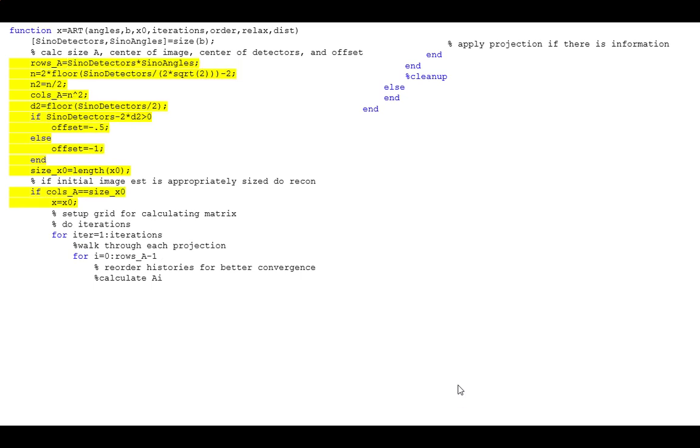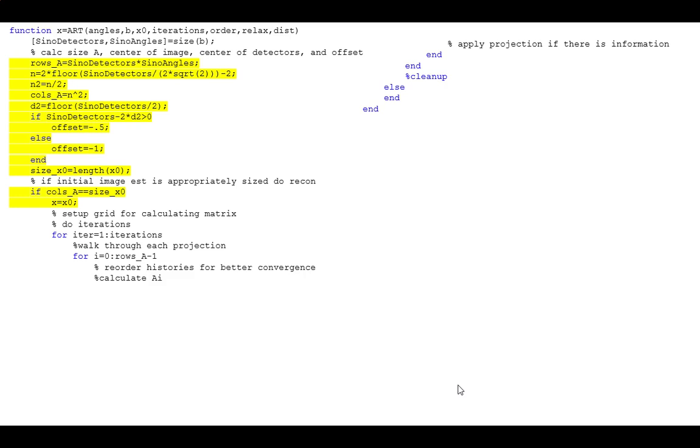So we had mentioned the rows of A, it should be one for every element inside the sinogram. So I just take the two sizes and multiply. That should give you the full size of it because it's a rectangular grid. And I made mine even. You don't have to make yours even if you don't want to.